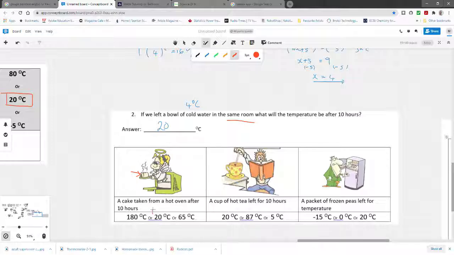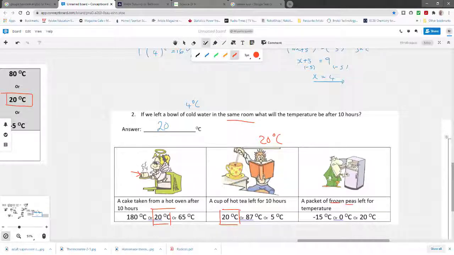It will be 20 degrees Celsius because the room, the surroundings, is 20 degrees Celsius. A cup of hot tea left after 10 hours: the tea is hot, the room is 20, it will get colder, and after 10 hours, it too will be 20 degrees Celsius.